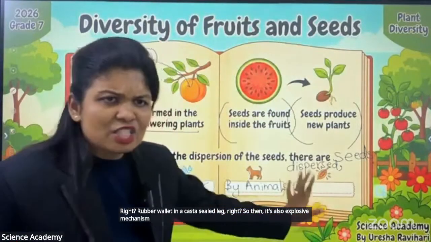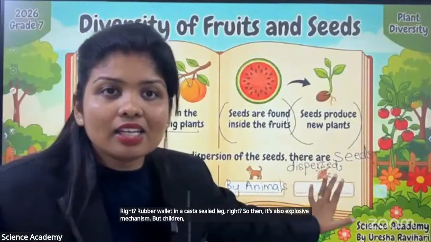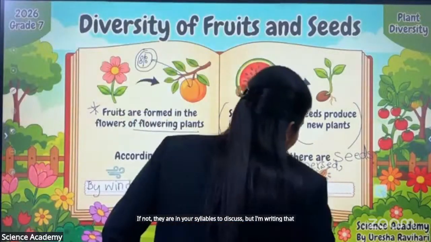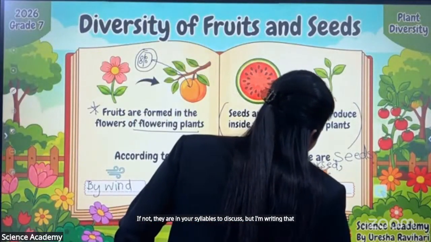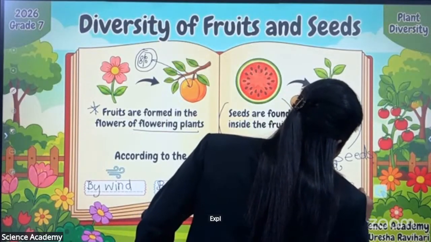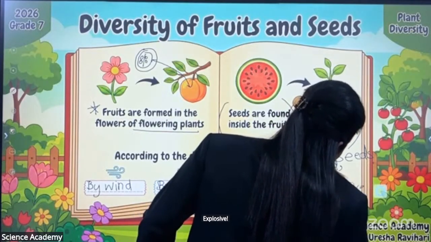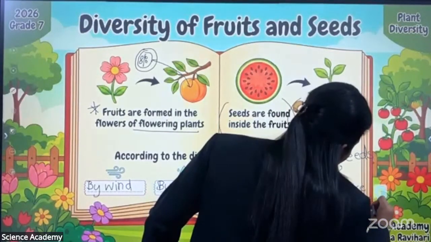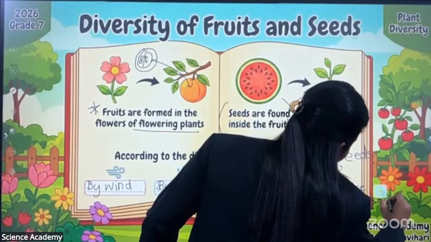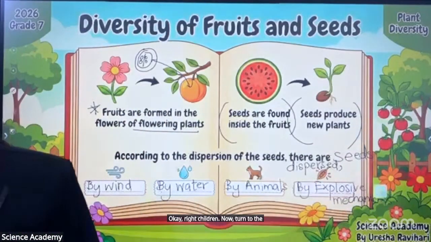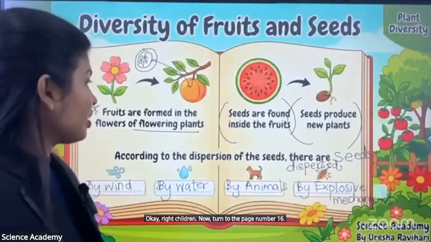But children, this part is not there in your syllabus to discuss. But I'm writing that, explosive mechanisms. Okay, right children. Now turn to page number 16 and write this one.